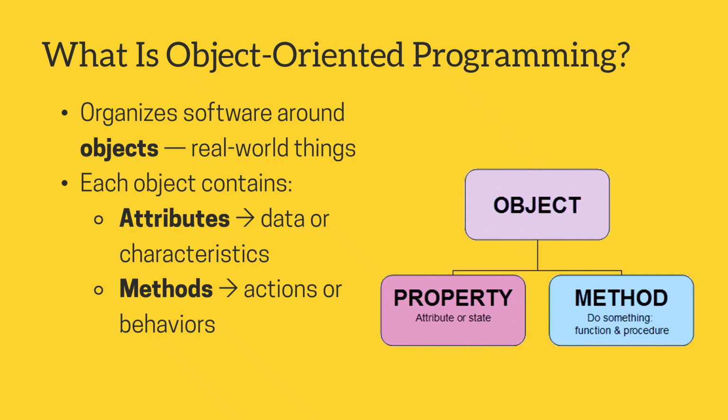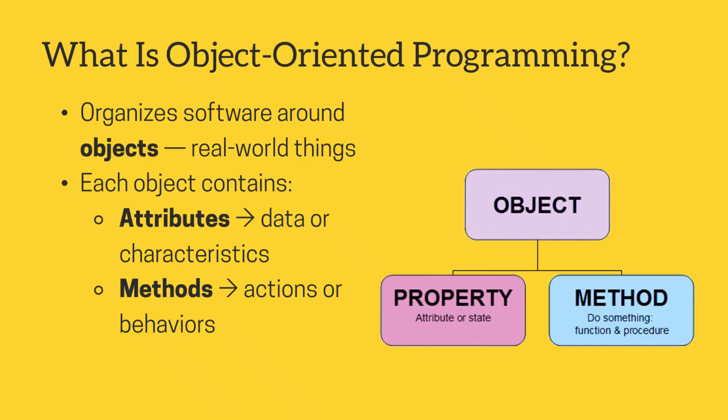So let's take a student object as an example. Okay, your attributes might be what? Name, student ID, major, GPA, email. These are all attributes of a student object. And then methods might include enroll in course, drop a course, update email, calculate GPA.